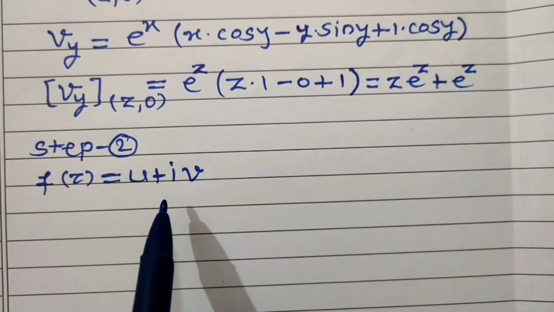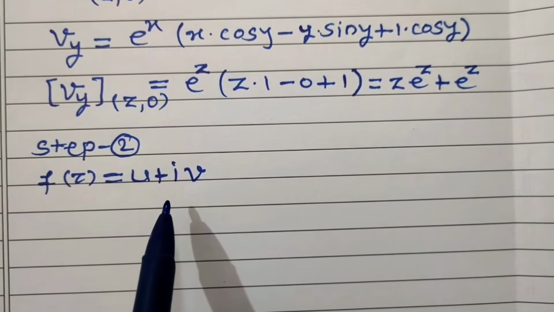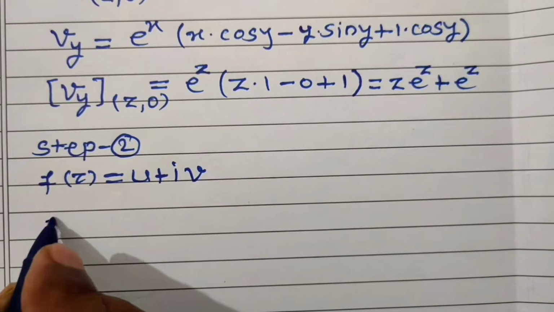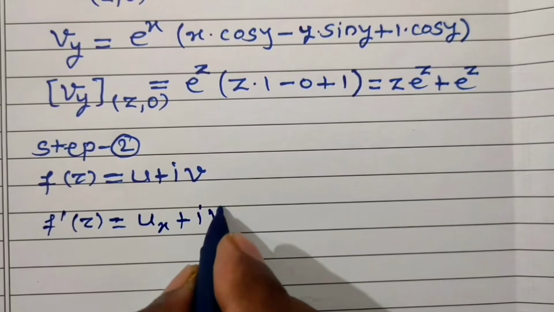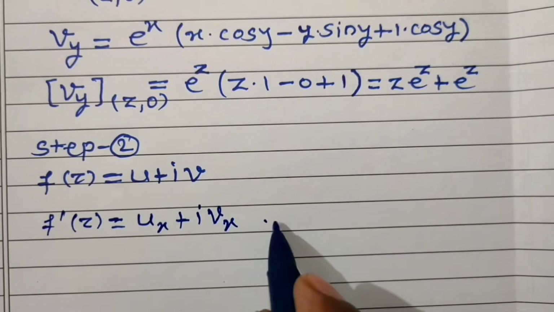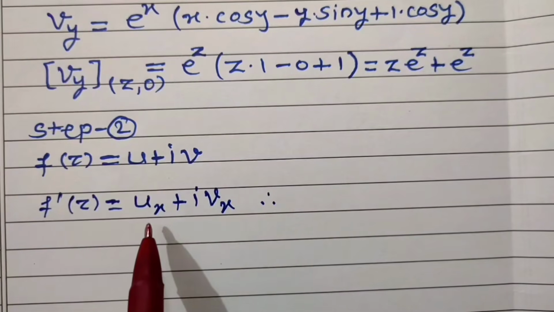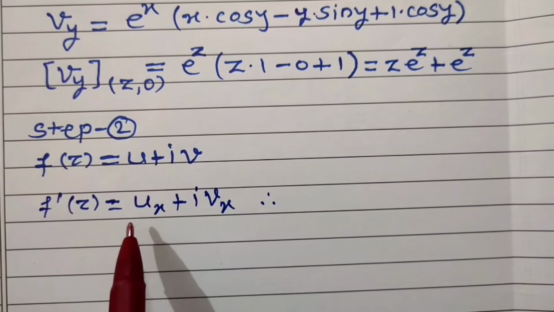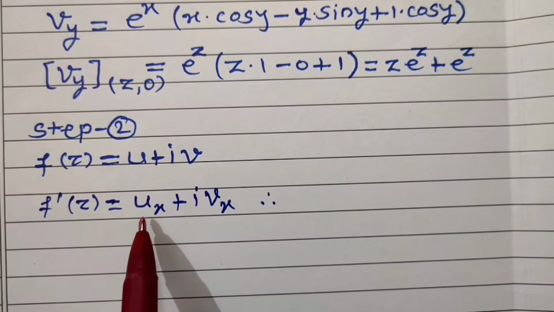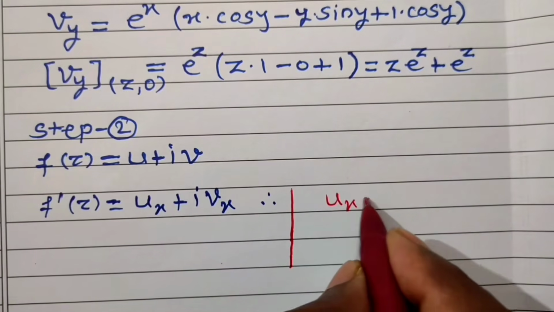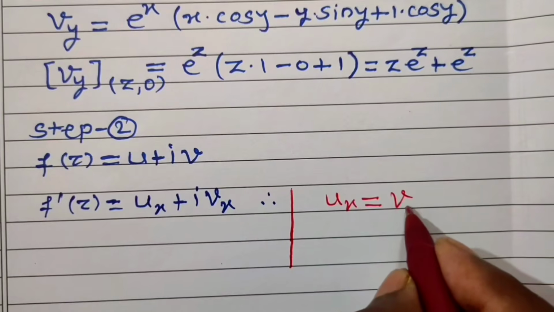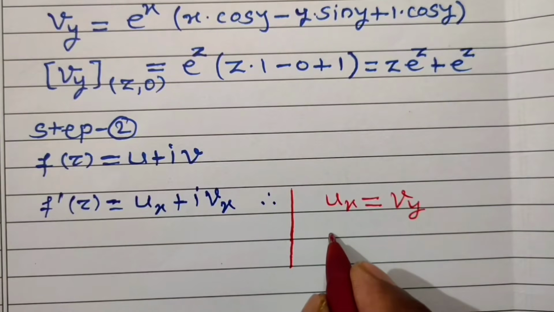Now step number 2. Let f of z is equal to u plus iv. Then f dash z is given by ux plus i vx. Since v is given, u is not given. So replacing ux by partial derivative of v with respect to y. Applying Cauchy-Riemann equations, ux is equal to vy and uy is equal to minus vx.